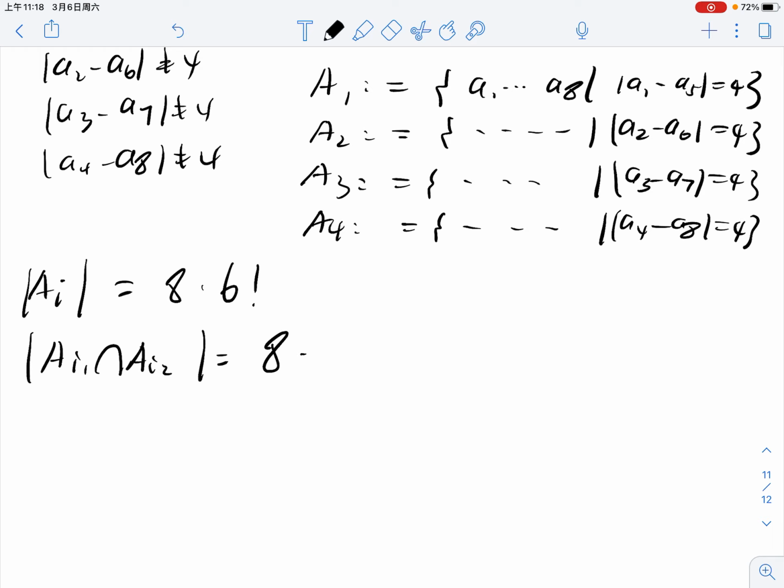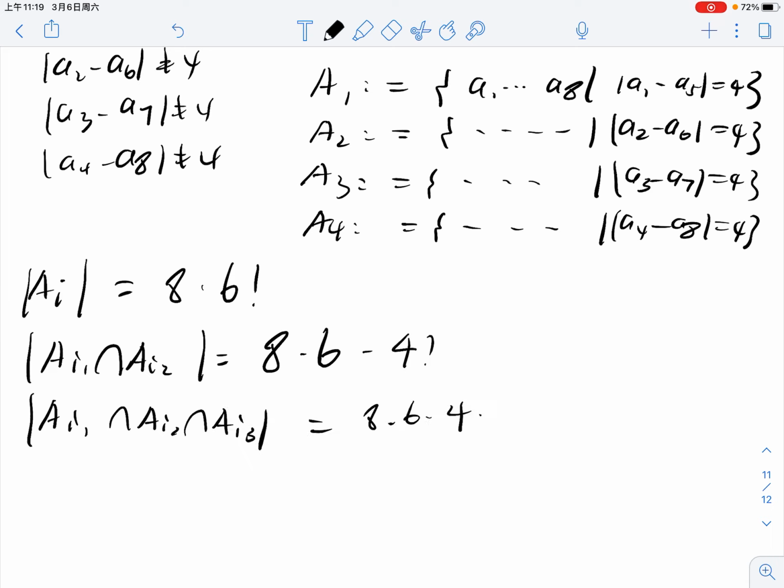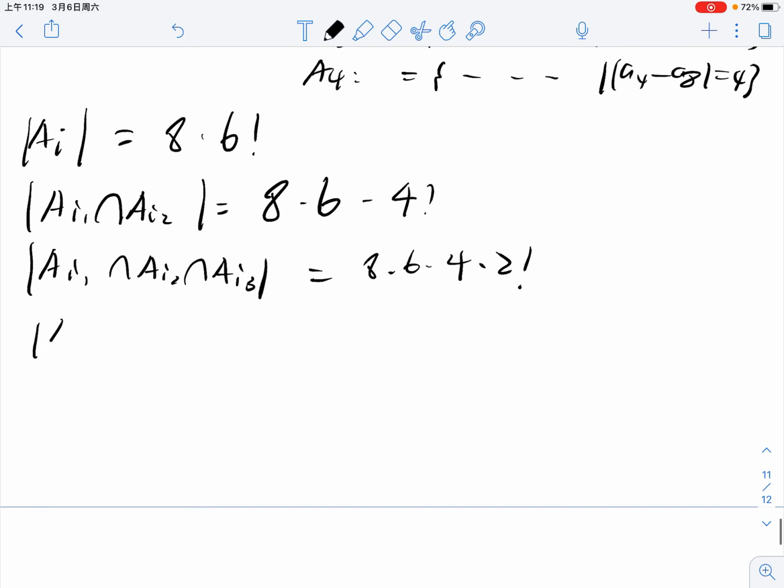You have 6 choices, and automatically you have A6, and the remaining you have 4 factorial. And similarly, you can compute triple intersections and quadruple intersections.